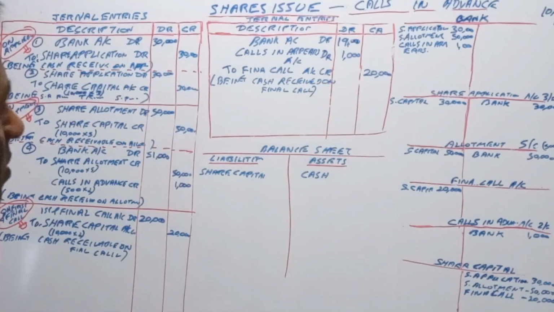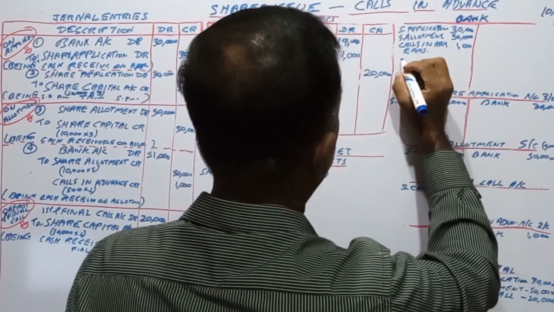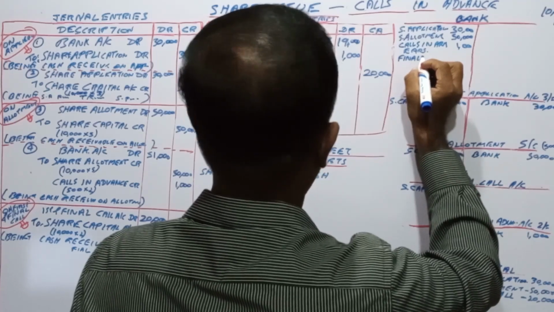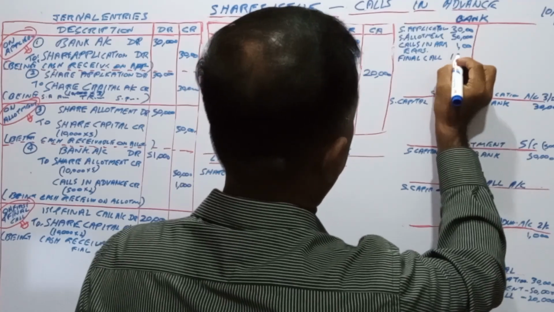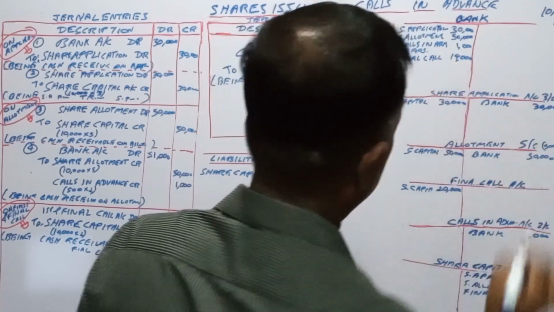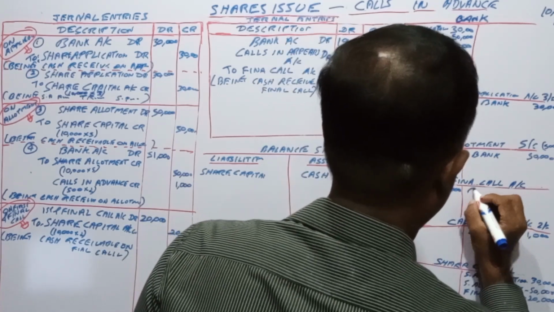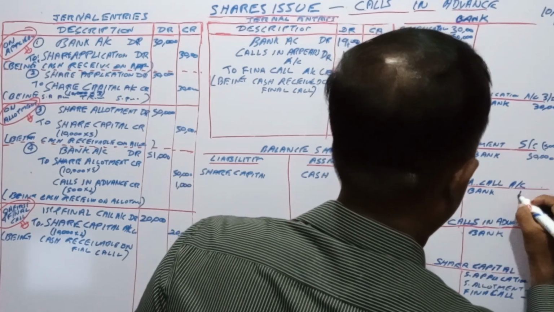Final call. Okay, so bank account debit saying final call 19,000. Final call account credit bank 19,000.